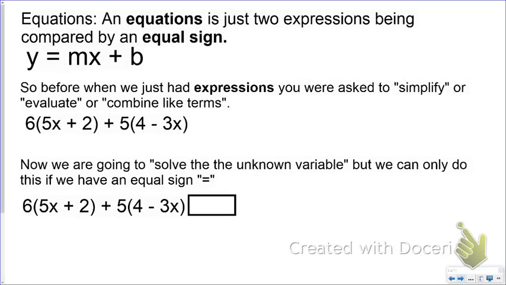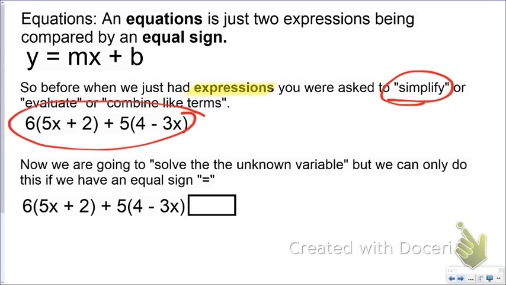So again, this is just going to show you the difference between an equation and an expression. So far, you've learned how to simplify expressions. I'd give you something like this, and you would use distribution, and then combining like terms to simplify the expression, but you were never able to solve for the variable.